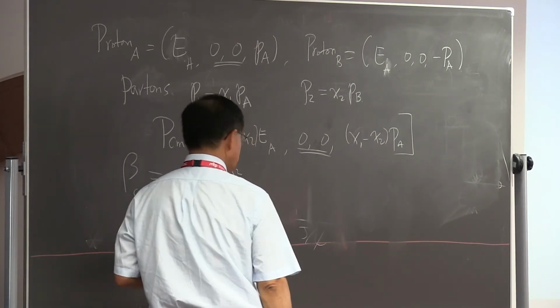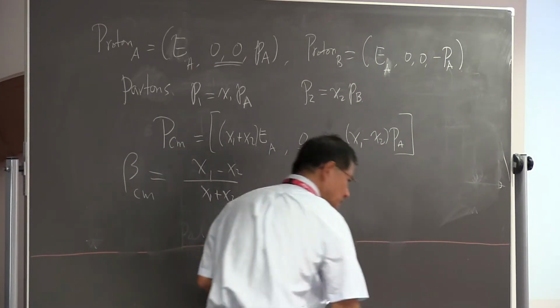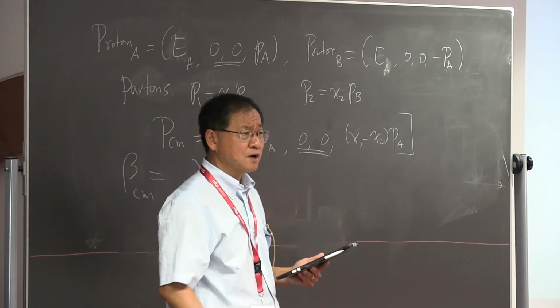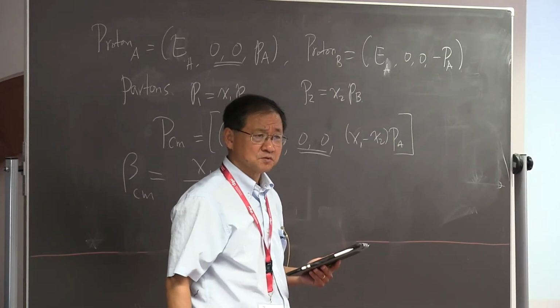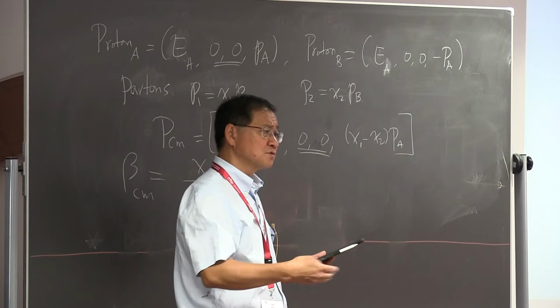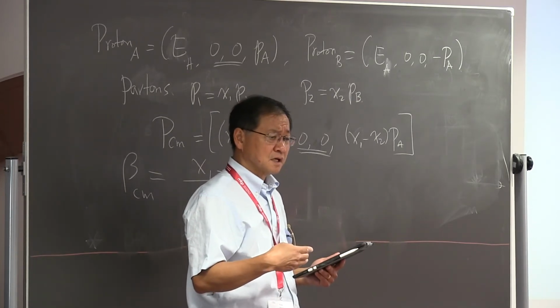Then velocity is one thing, but there's another form to do the Lorentz transformation. One form is gamma, beta. That's the high school textbook. We use beta and gamma. Another way to do that is slightly more elegant: use the rapidity.